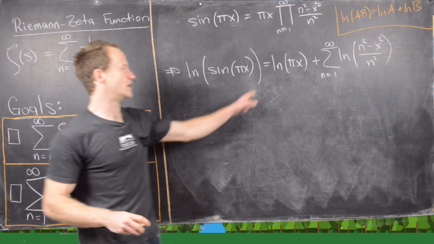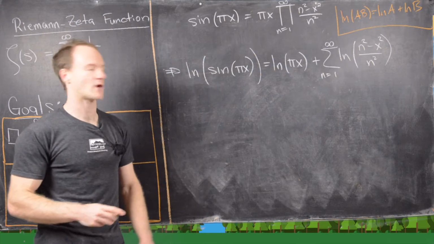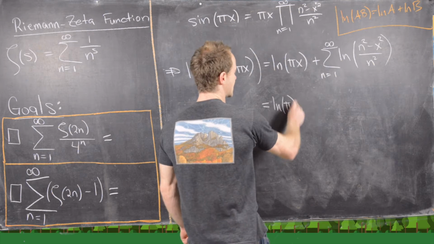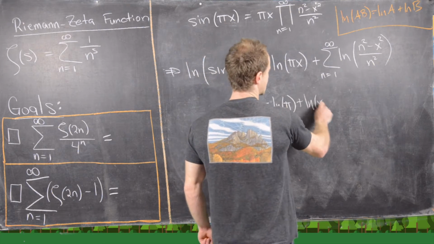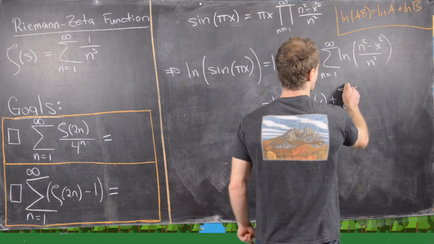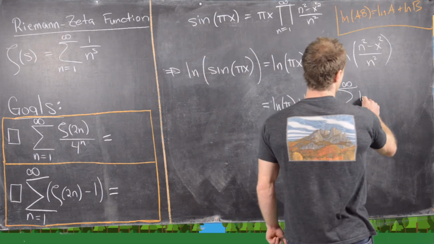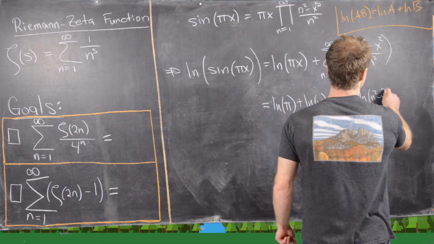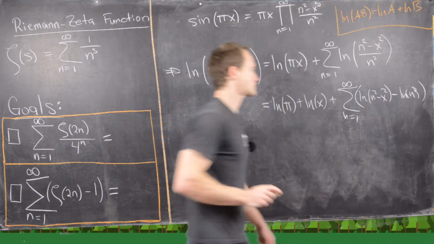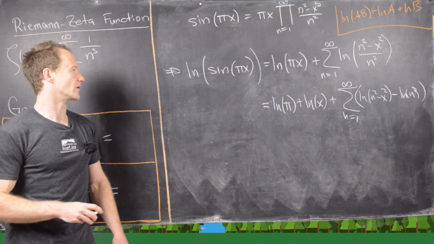Now the next thing that I want to do is apply natural log rules to the right hand side to further simplify it. That gives me natural log of pi plus natural log of x plus the sum n equals 1 to infinity of the natural log of n squared minus x squared minus the natural log of n squared. So I've got something like that going on.